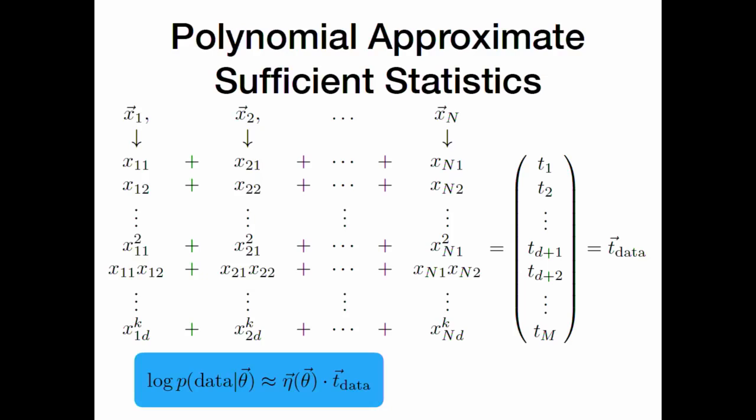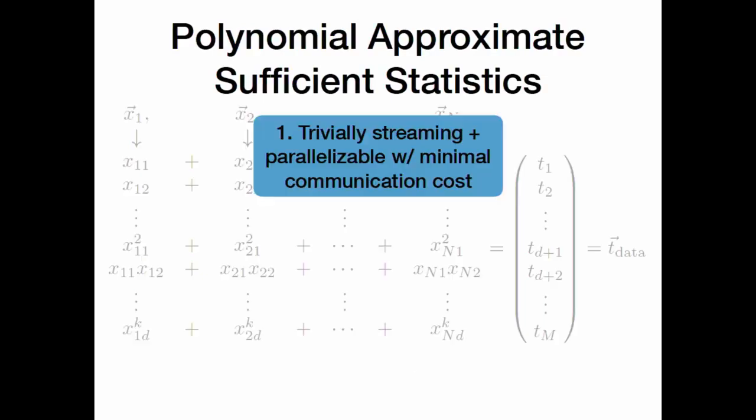With a careful choice of reparameterization, eta, of our parameters, we're able to form an exponential family model that is very close to the original model. And now we can evaluate that in time independent of the amount of data we have. So this is great. Now we have something that actually satisfies all of our criteria.